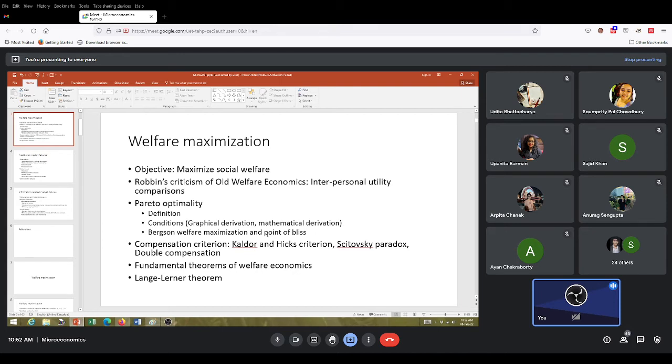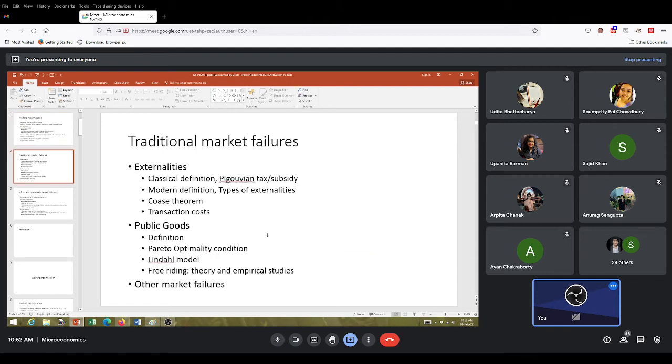There's a paper by Francis Bator in Quarterly Journal of Economics. In externalities, when I'm looking at the modern definition of externalities, I'm going to refer to a paper by Buchanan and Stubblebine, Economic Journal 1961.